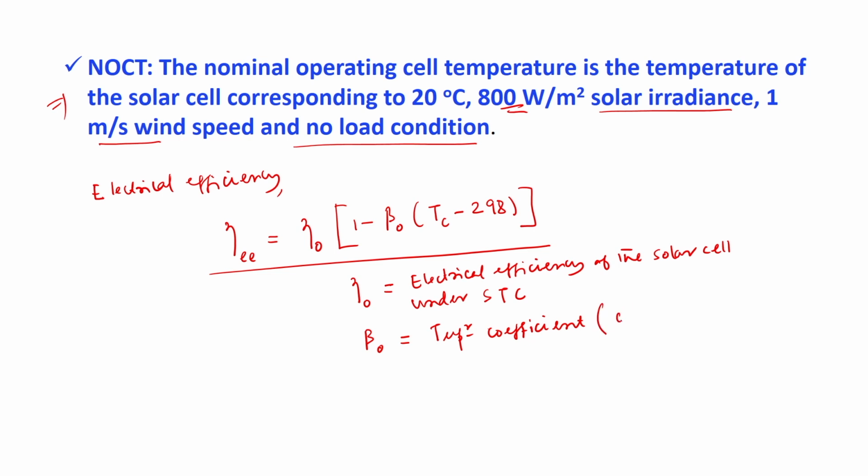Its value is about 0.0045 Kelvin inverse, and T c is the solar cell temperature.